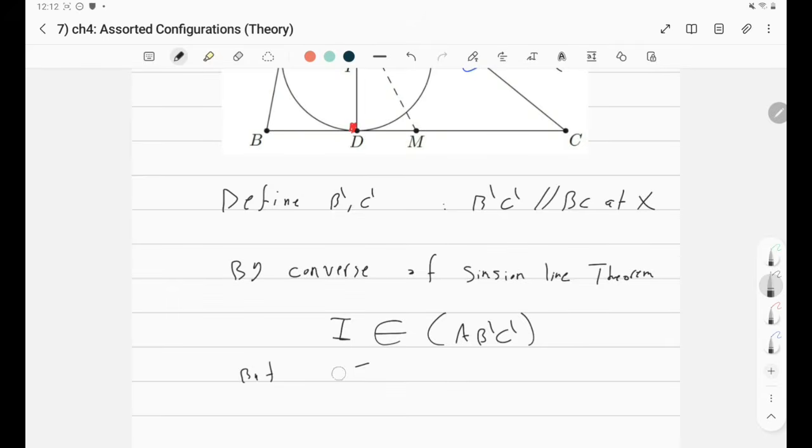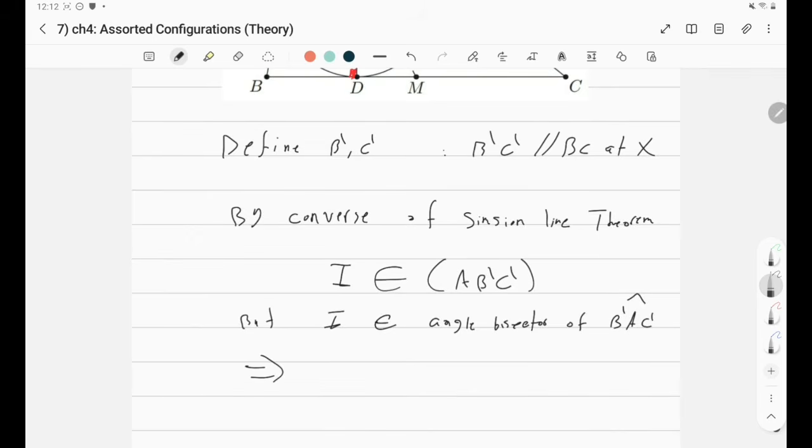Or actually, let's just say that I lies on the angle bisector of B prime A C prime.